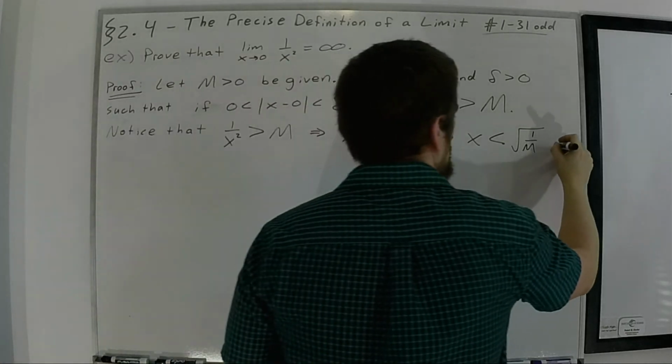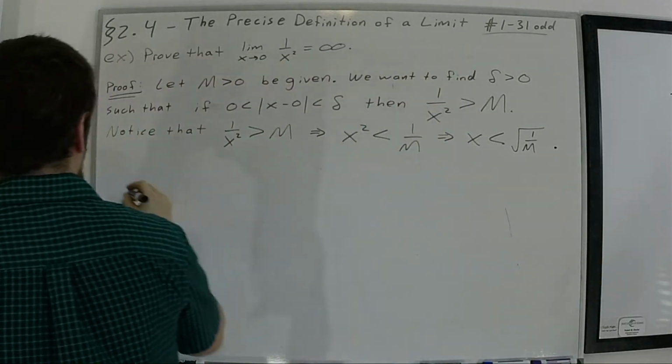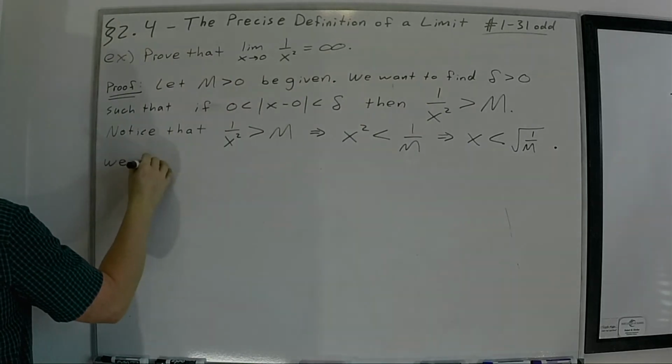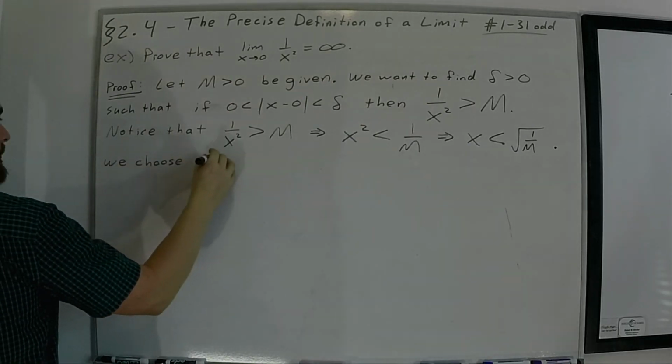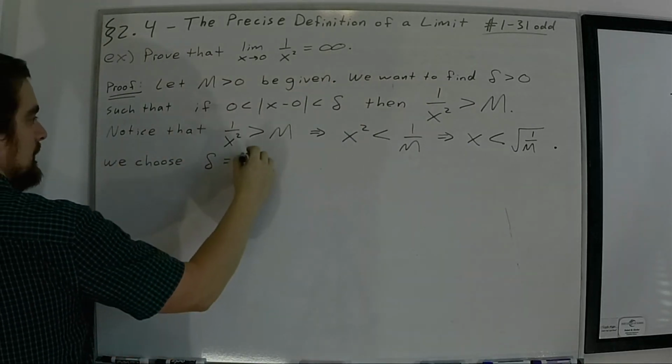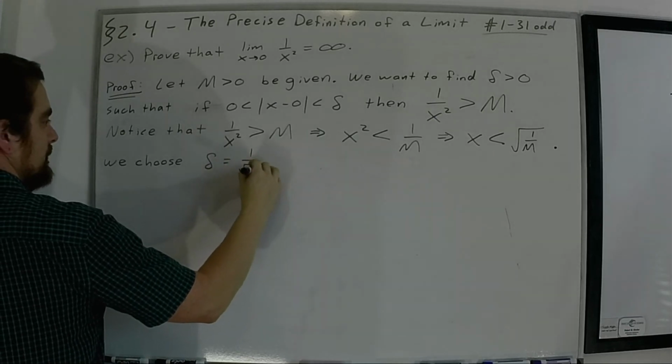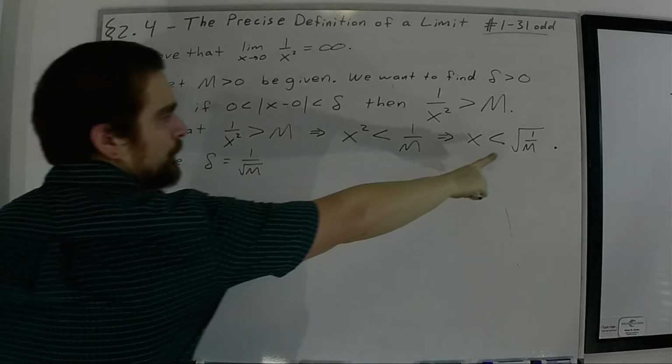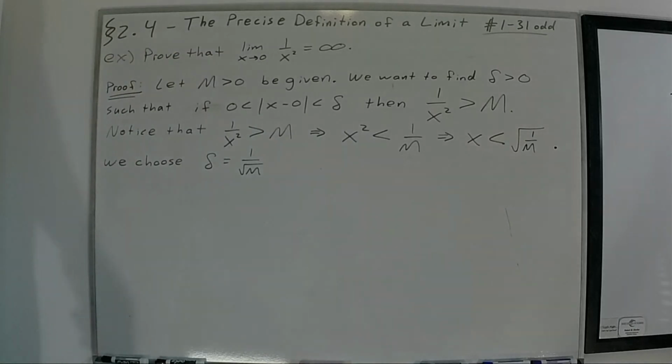So now we're going to choose. We choose delta equals 1 over square root of M. I'm going to write 1 over square root of M because square root of 1 up top is just 1, so it just makes it a little easier to write.